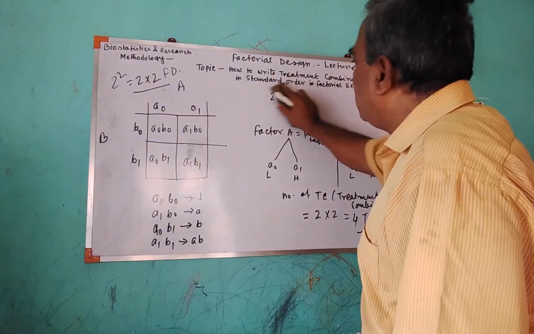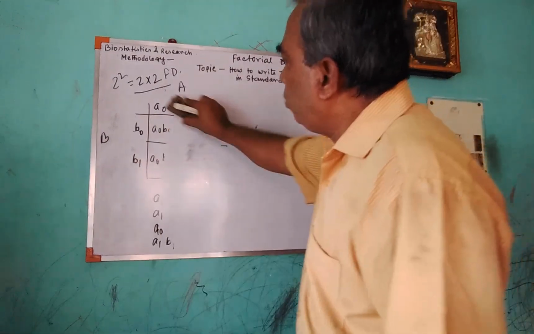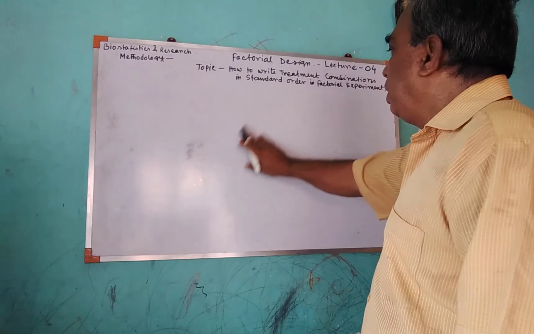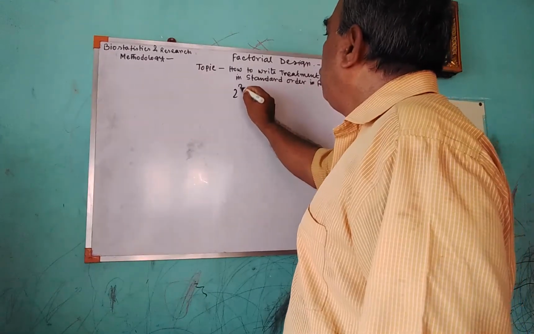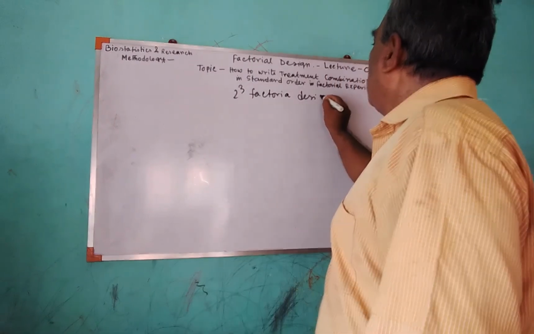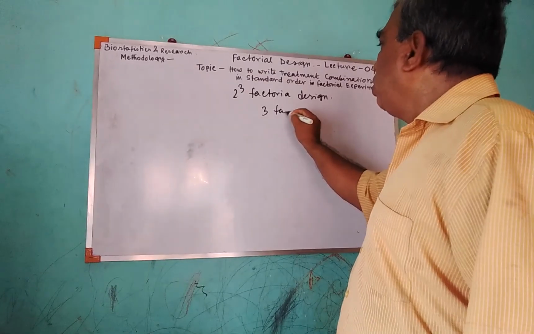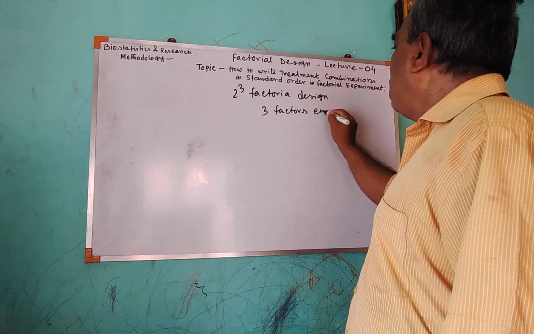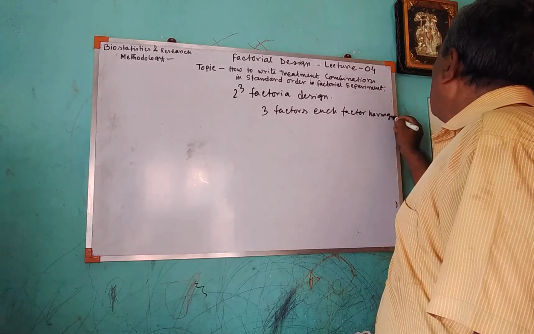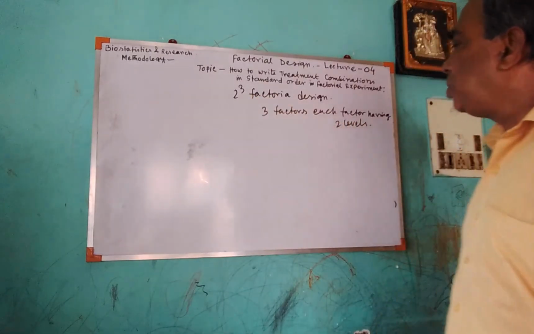In 2q factorial design, how do we write the treatment combinations? The 3 means there are three factors, each factor having two levels. This 2 means levels.